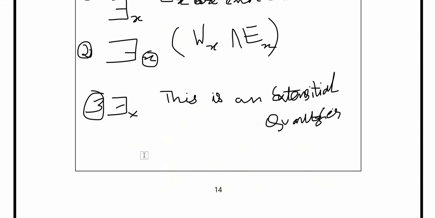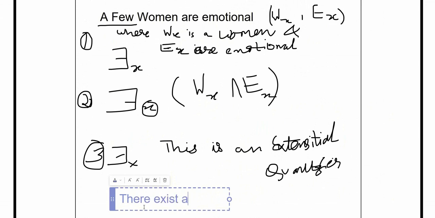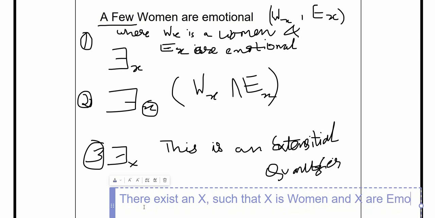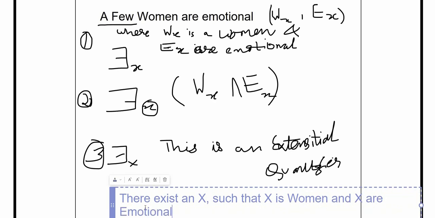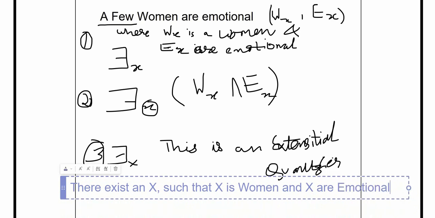Similarly, for the above one, we can write: there exists an x such that x is a woman and x is emotional.